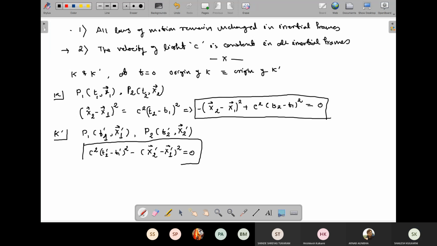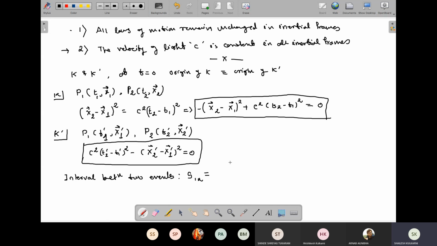Suppose I define the quantity interval between two events, event 1 and event 2, by s12.